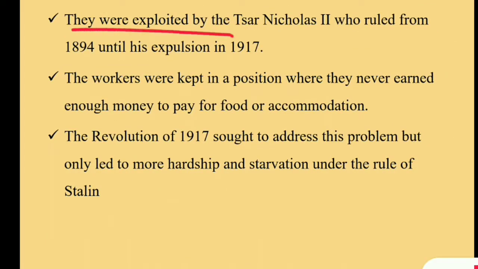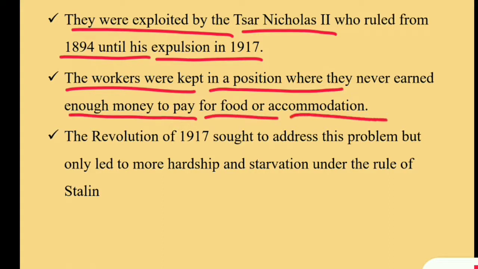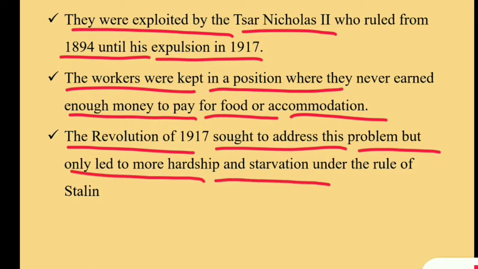They were exploited by Tsar Nicholas II, who ruled from 1894 until his expulsion in 1917. The workers were kept in a position where they never earned enough money to pay for food and accommodation. The revolution of 1917 sought to address this problem but only led to more hardship and starvation under the rule of Stalin.